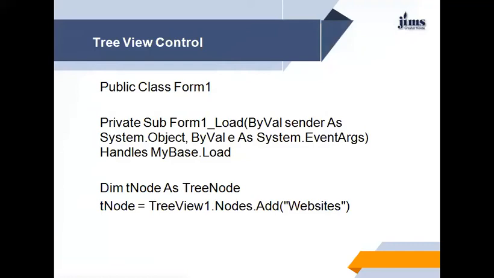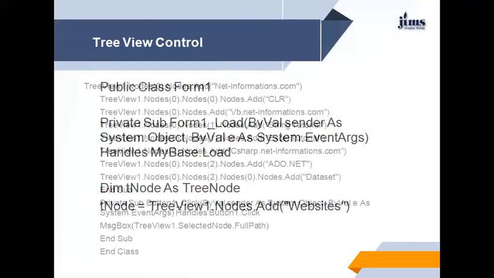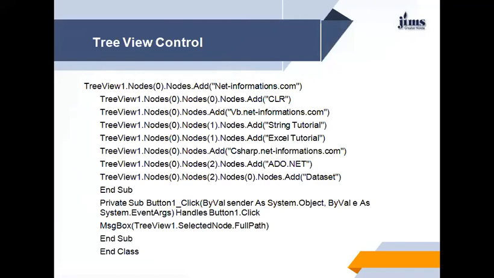Now, Dim tNode as TreeNode, a tree node variable. Now tNode equals TreeView1.Nodes.Add("websites"). TreeView1.Nodes(0) means the first node, then .Nodes.Add, let's say some netinformatics.com.